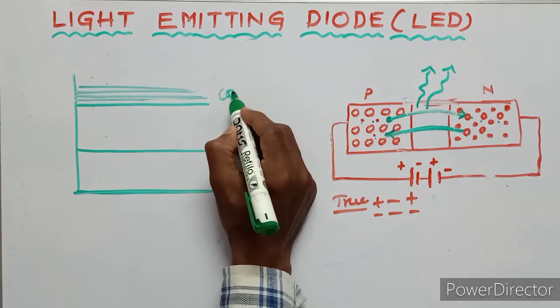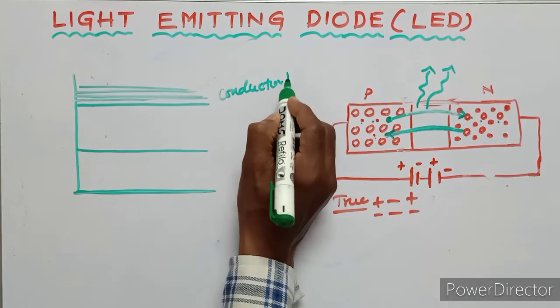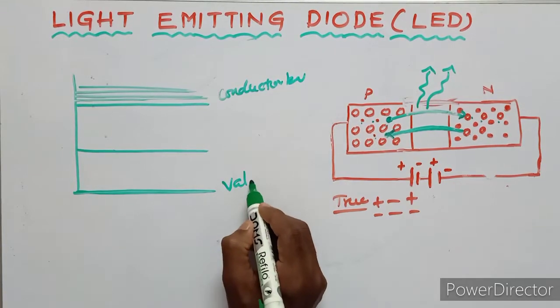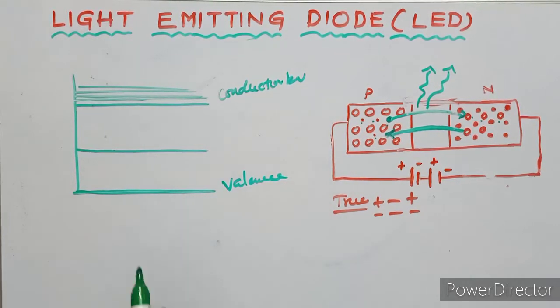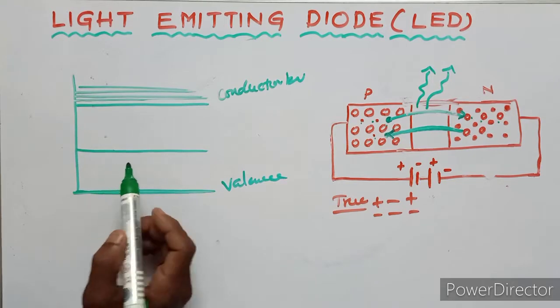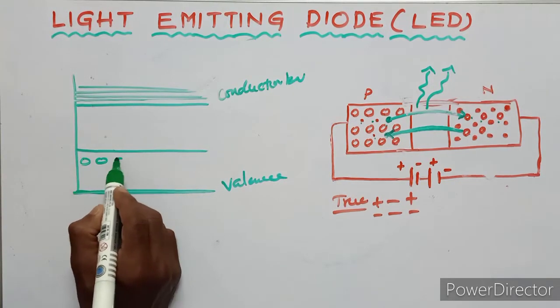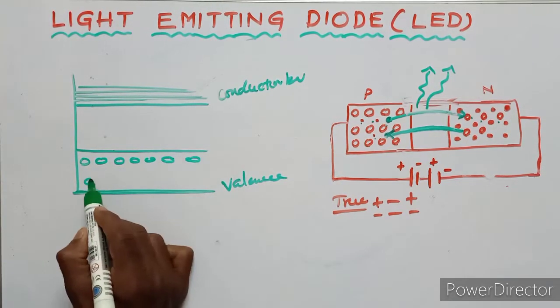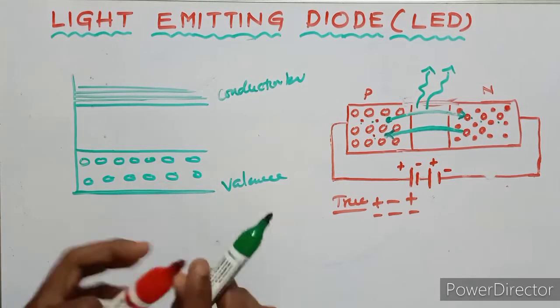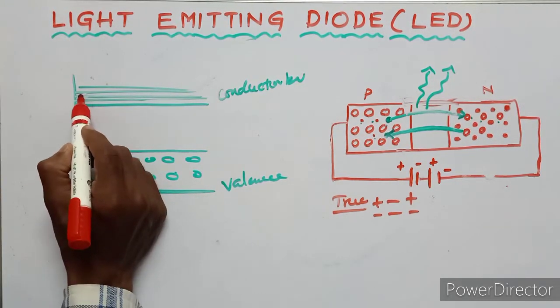This is the conduction band, this is the valence band. Okay, first of all, holes, the free electrons.